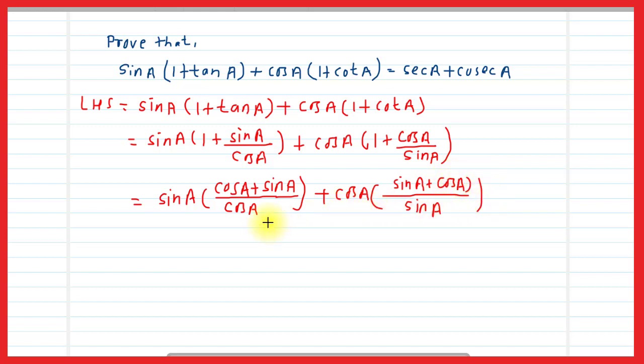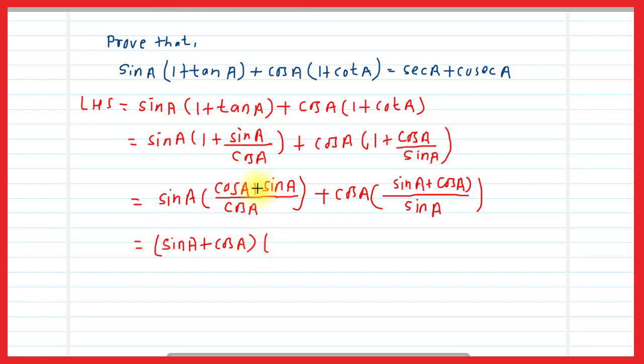Now here you will see that sin a plus cos a is a common factor, so we can take out that common factor. So take out sin A plus cos A as a common factor, and inside the bracket it will be what?